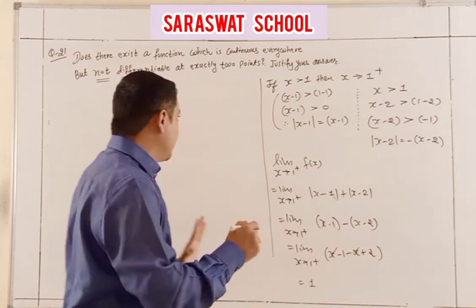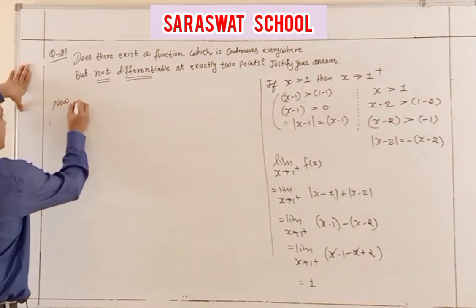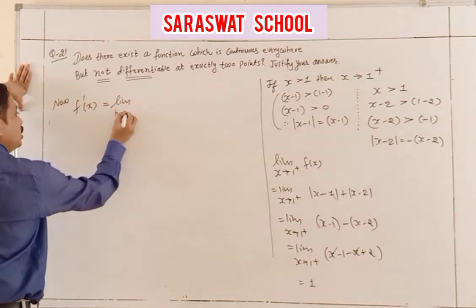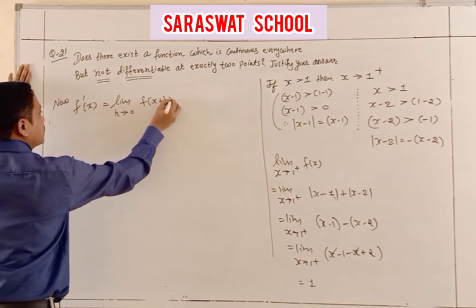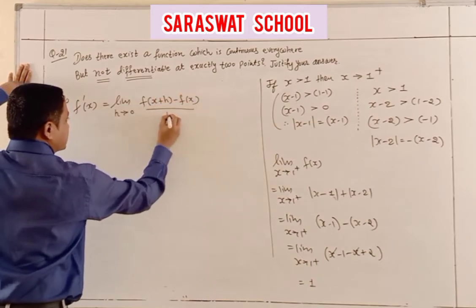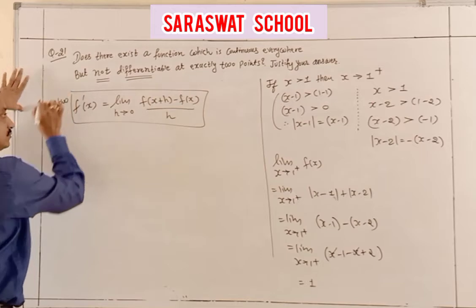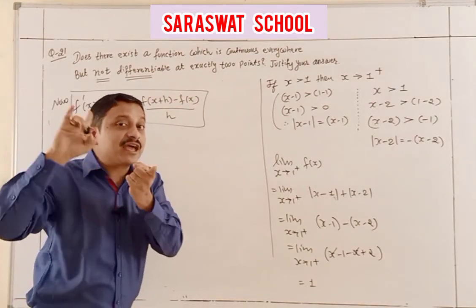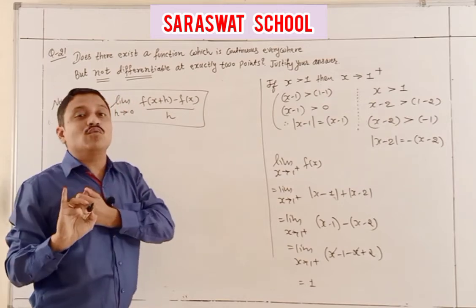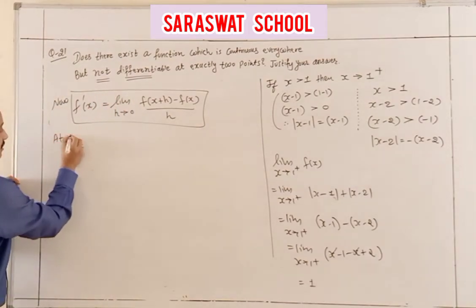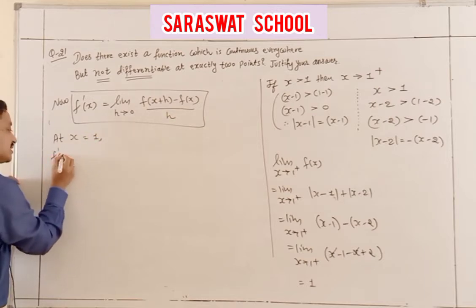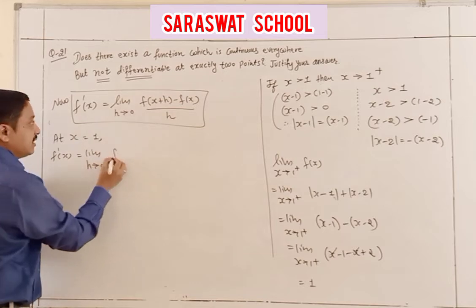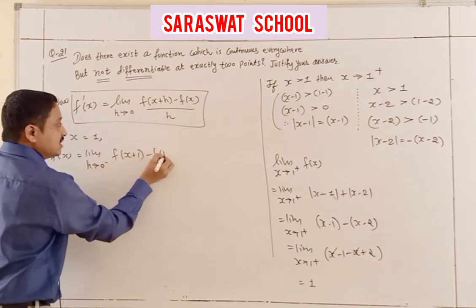Now f dash x is the limit h tends to 0 of f of x plus h minus f(x) by h. That you know, our basic formula for derivative. I check at x equal to 1. So at x equal to 1, what is f dash x? Limit h tends to 0 left hand side, f of 1 plus h minus f1 upon h.